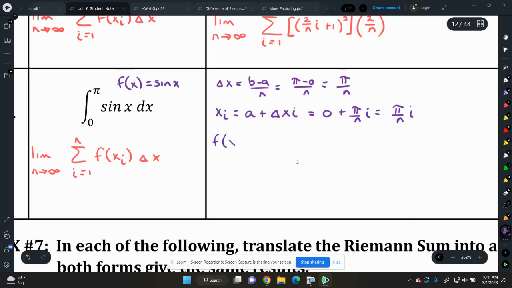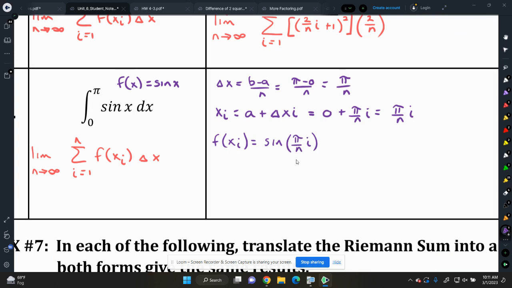So f of x sub i is going to be sine of pi over n times i.